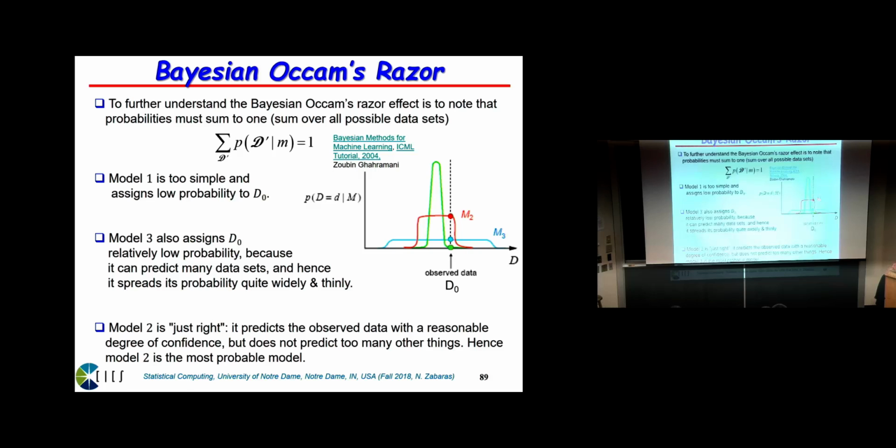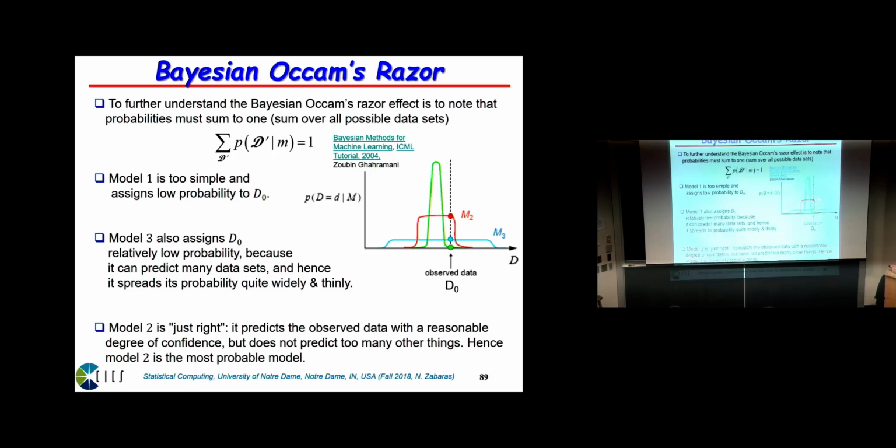So what type of model is that? Complex. And if it explains a lot of data, it assigns low probability to each data set. Then this is a model of intermediate complexity. And this is a model of low complexity.